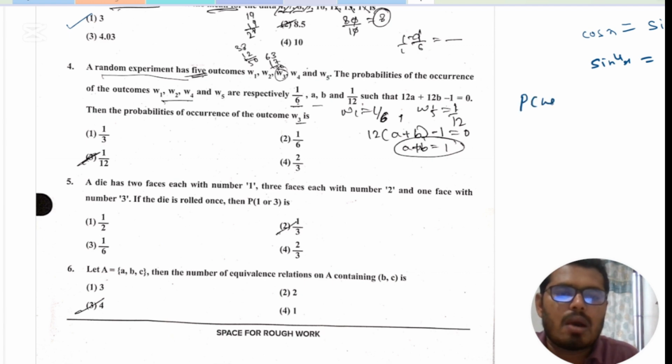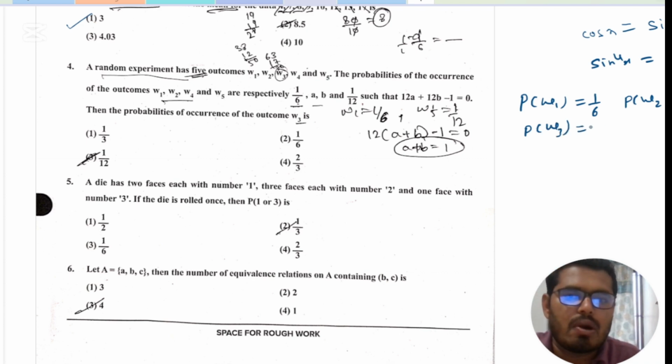Therefore P of W1 is given as 1 by 6, P of W2 is given as A, P of W3 is what they asked, okay, what is the P of W3. Then P of W4 is given, that is B, then P of W5 is equal to 1 by 12.